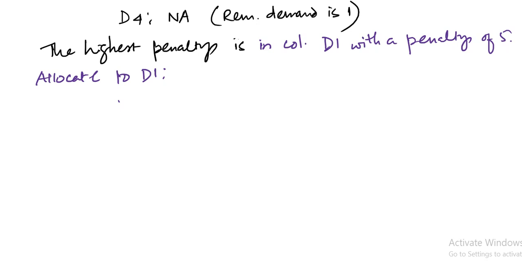So origin O2, O3, and there d1, d2, d3, d4, supply.